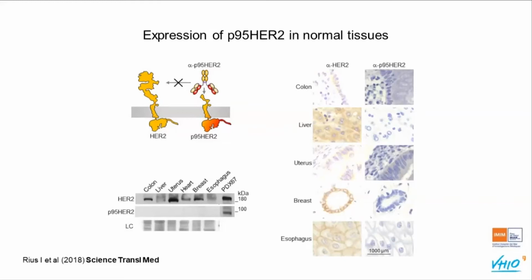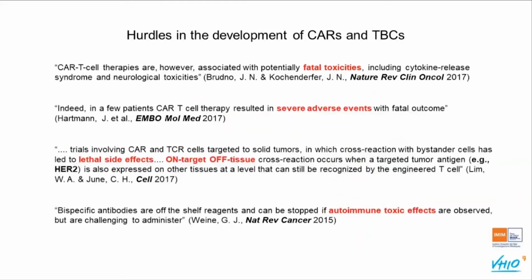We think that this is important because one of the main hurdles in the development of chimeric antigen receptor or T-cell bispecific antibodies to treat solid tumors is that there are very, very few truly tumor-specific antigens. That's why most of the CARs or TCBs are generated against tumor-associated antigens like HER2 that are overexpressed in tumors but still expressed in normal tissue.